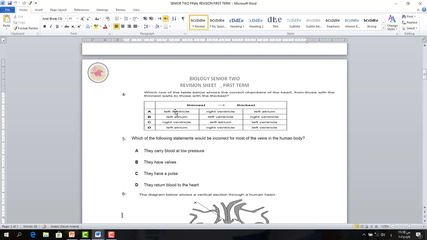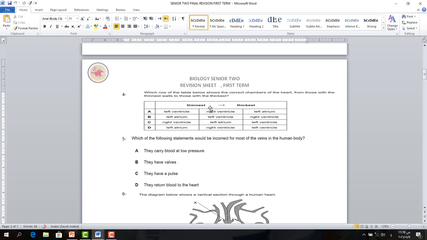The right ventricle pushes blood from the ventricle to the lung, so the distance here is not long but short. The left ventricle pumps the blood from the left ventricle to all the body, so it must be very thick.